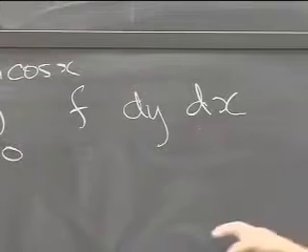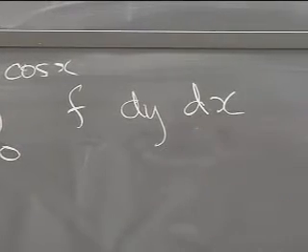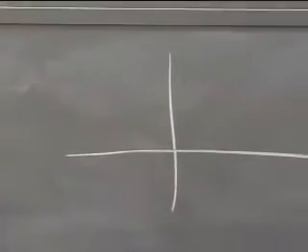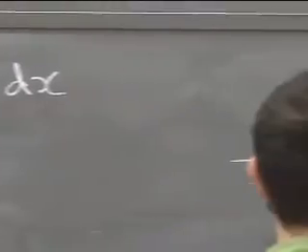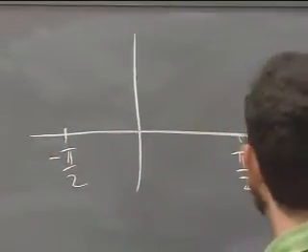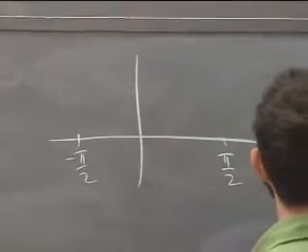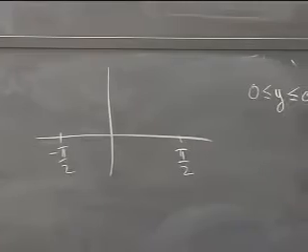So what this says is you do the y integral first, given a value of x. So what I'm going to do is realize that the x range goes from minus pi over 2 to pi over 2, and given a value of x, y is supposed to go from 0 up to cosine x. So that's the region of integration.